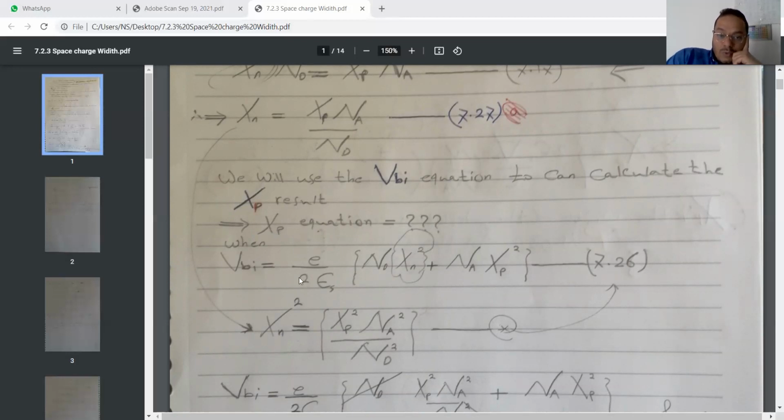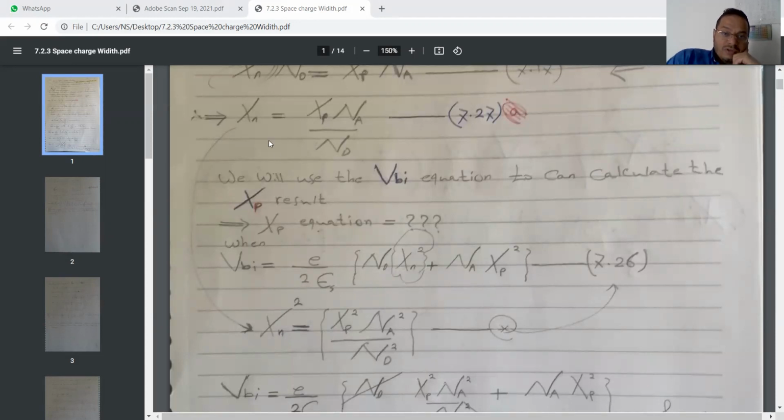Like I said before, we will use equation 7.26. The built-in barrier equation equals the electron charge divided by 2 times the permittivity, between 2 brackets: donor concentration times the width in the N region squared plus acceptor concentration times the width in the P region squared.